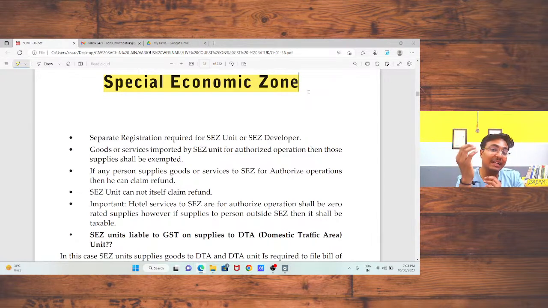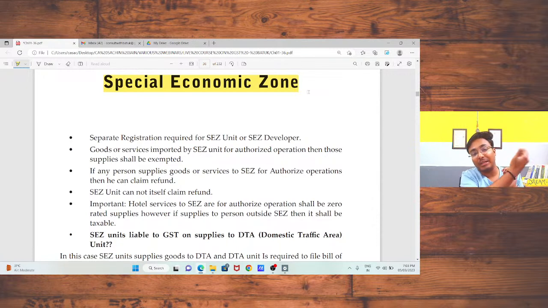Now, sir, what is the exemption available to those special economic zones? So, just take an example. I am a registered person, a taxable person. If I am going to supply any goods or services to the special economic zone, in that case, I need not charge the GST because that supply is treated as zero rated supply.